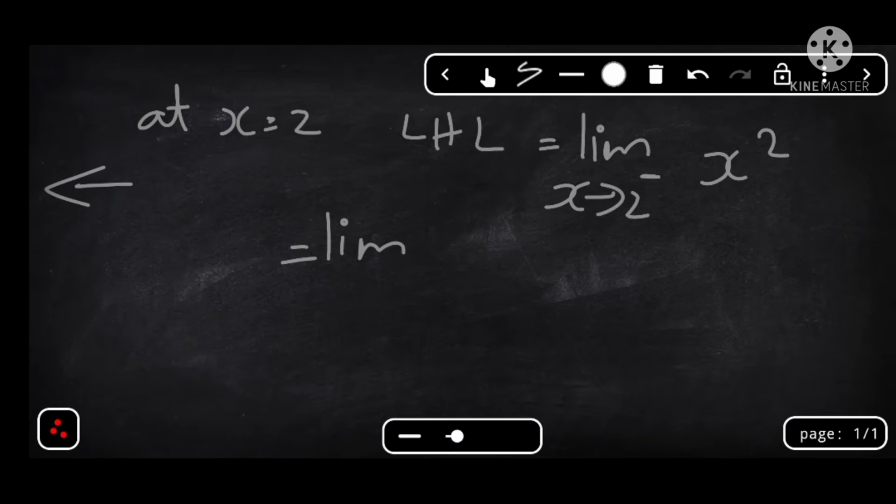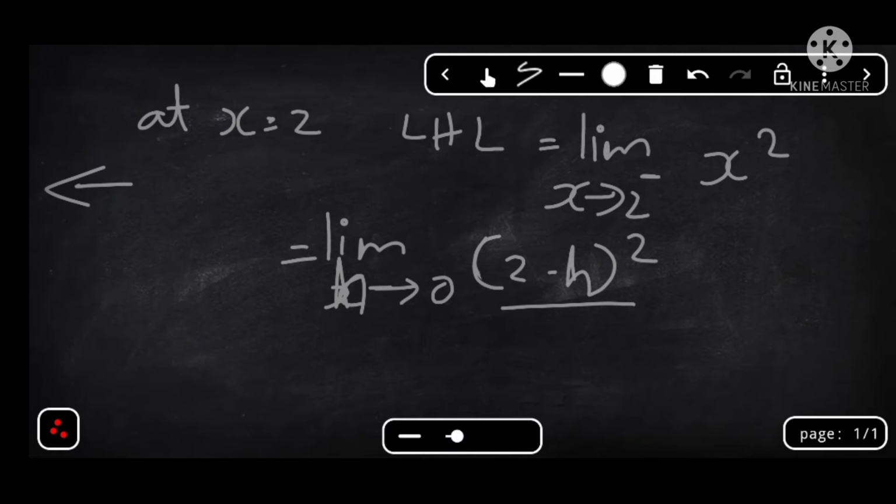For the last problem we have done that, h tends to 0, 2 minus h the whole square. Just expand this one. This will be the a minus b the whole square form.